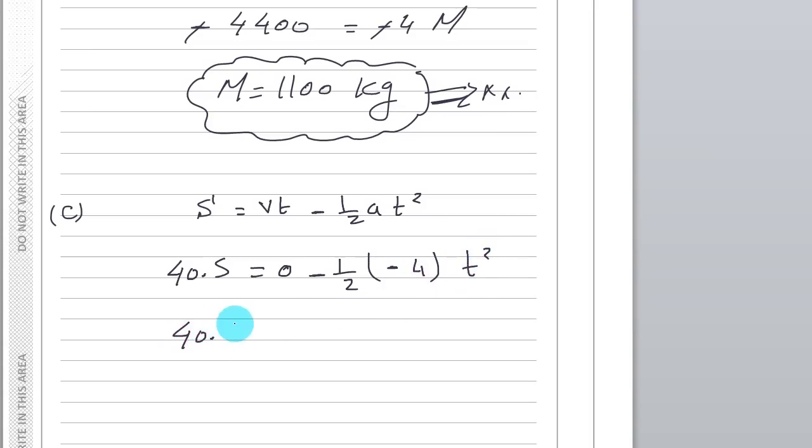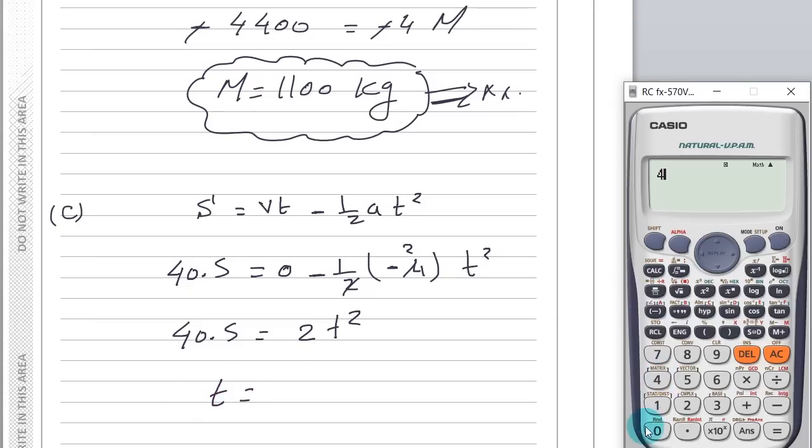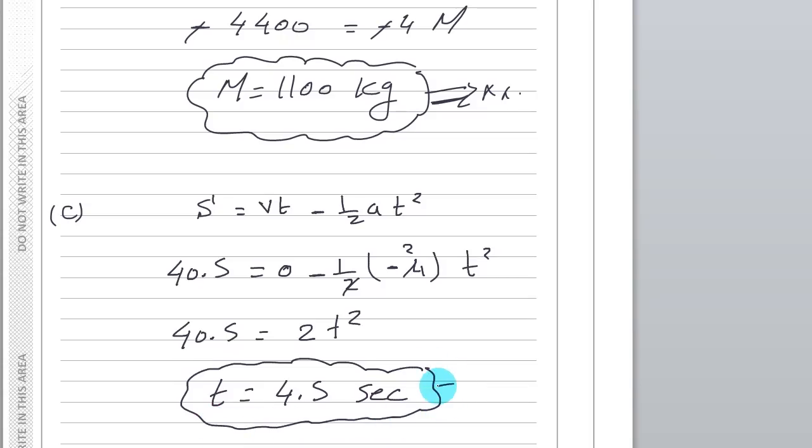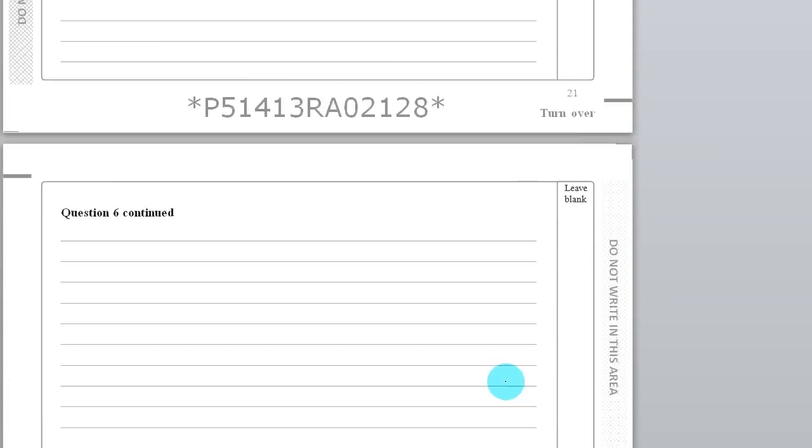So 40.5 is equal to 2 T squared. So T is equal to the square root of 40.5 divided by 2, which will equal to 4.5 seconds. And this is the time that he needs. Okay, let us go ahead to another question.